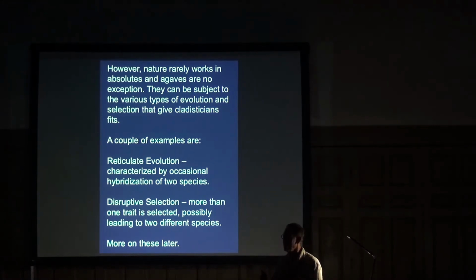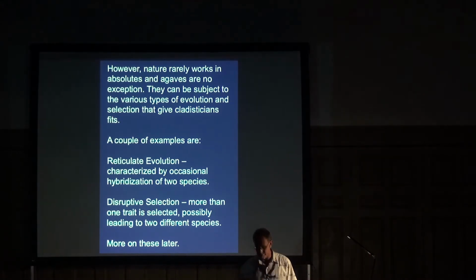And this gives geneticists and cladisticians fits, because they don't know quite what to do with these things, because it's not a direct descending evolutionary line. And then disruptive selection: more than one trait is selected in evolution, possibly leading to two different species.